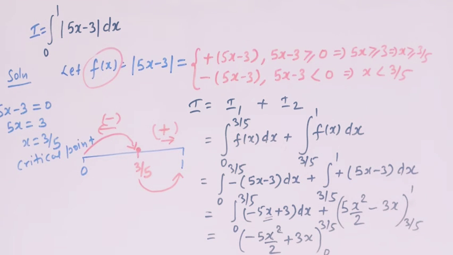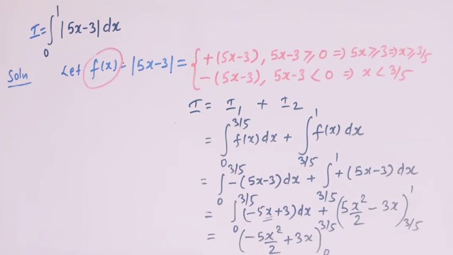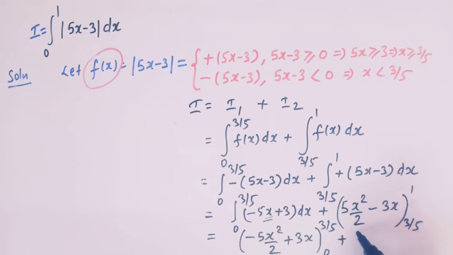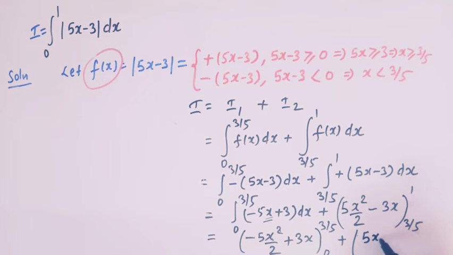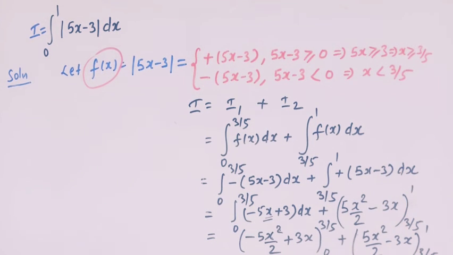Okay, so now let us calculate the limits, and by substituting the upper limit and the lower limit and taking the difference, here also we have to write 5x square by 2 minus 3x, and the limits are from 3 by 5 to 1, right? Okay, so now first we'll calculate this expression.